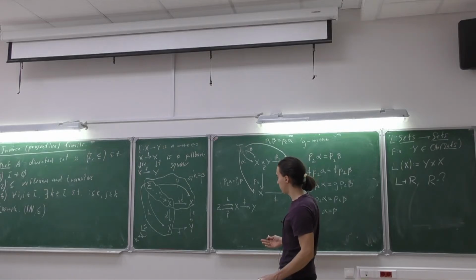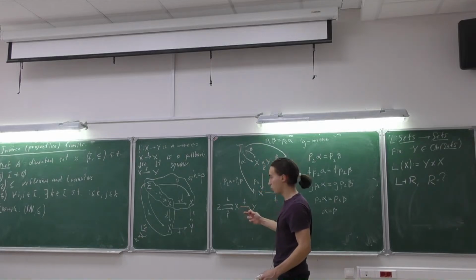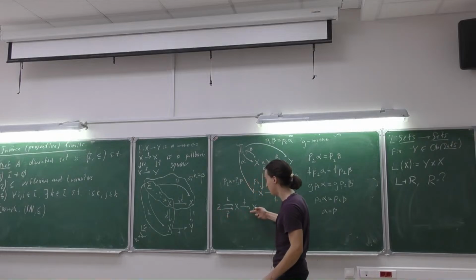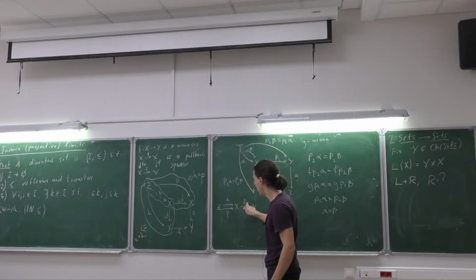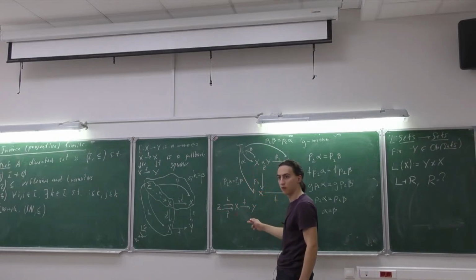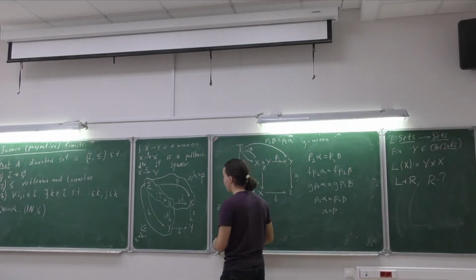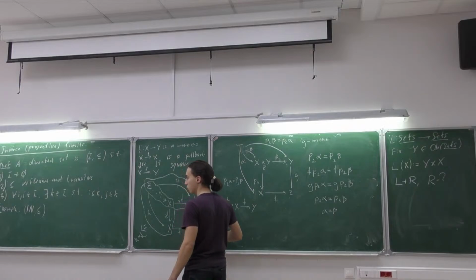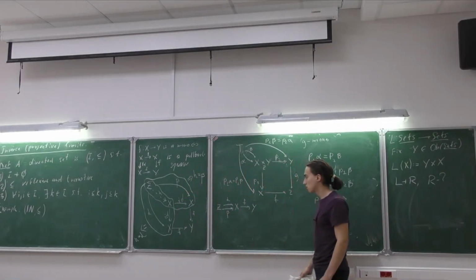We want to prove that f is mono. So we take two maps, alpha and beta, such that this diagram commutes, so alpha f equals beta f. Okay. Let's now prove the other direction. We can pause for a second. Questions about the proof in this direction?